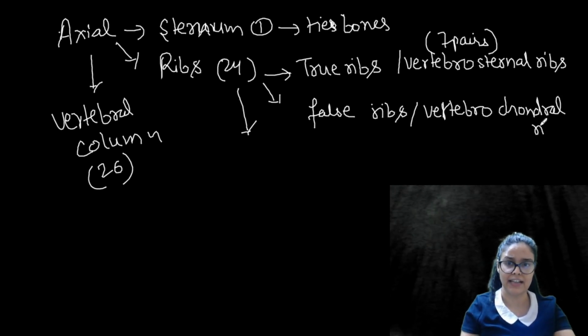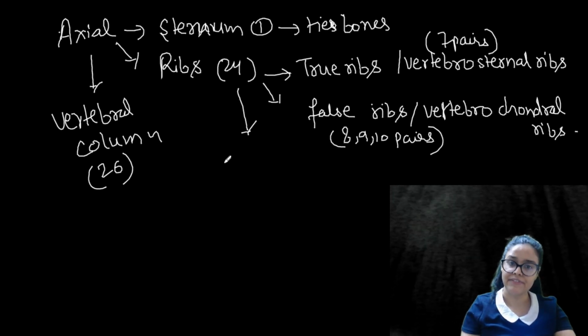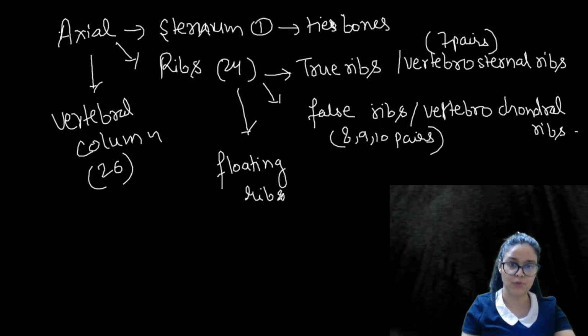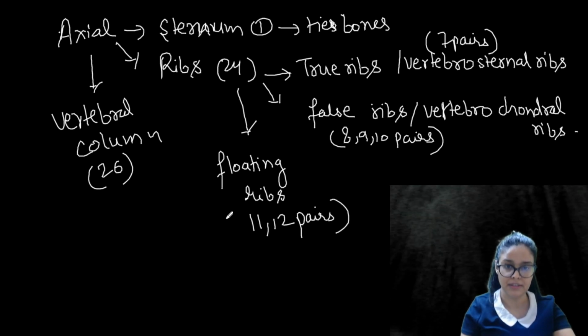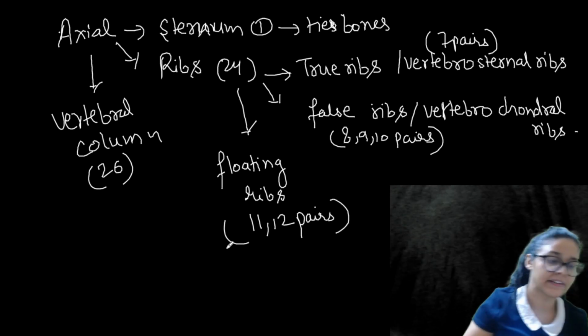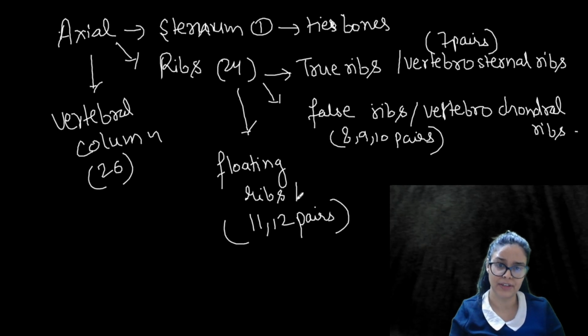Then we have the floating ribs, the 11th and 12th pairs, that you have to remember.